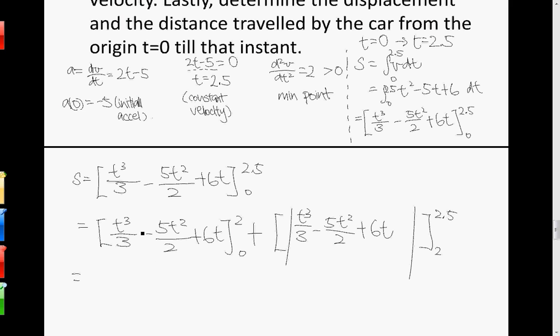So this case is very straightforward. Just putting in 2, I get 8 over here, minus 20 over 2 will be 10, and 6t will be plus 12.